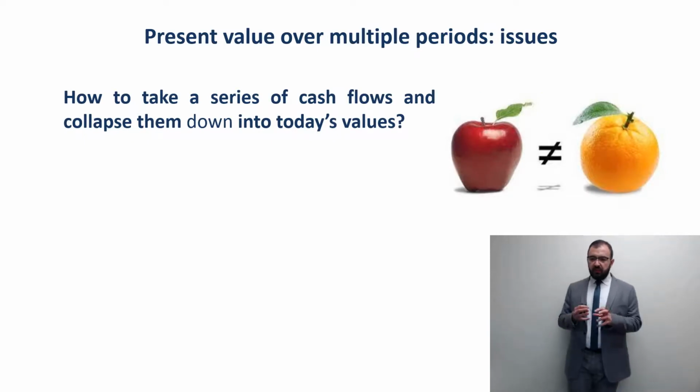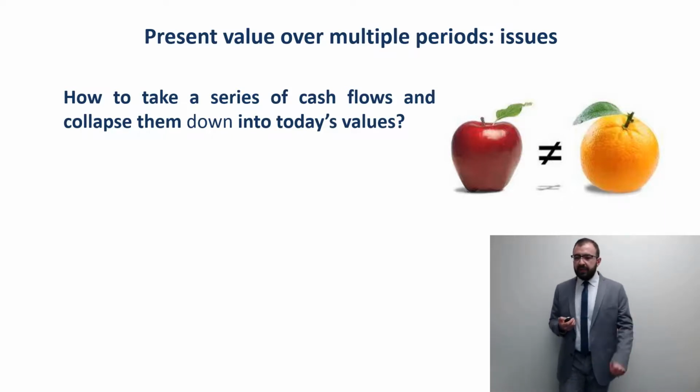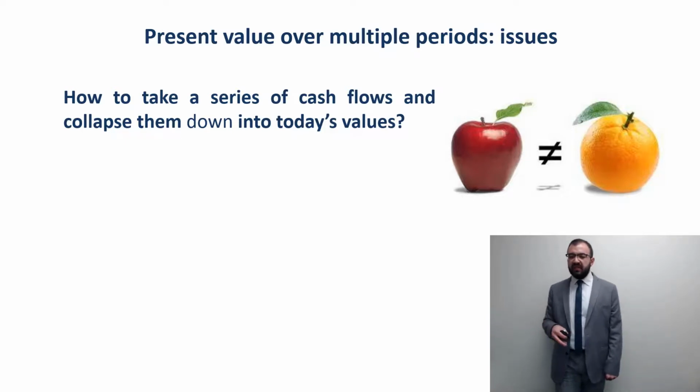There are some important issues related to discounted cash flow analysis over multiple periods when we deal with multiple cash flows. Well, how do we take a series of cash flows and collapse them down into today's values?